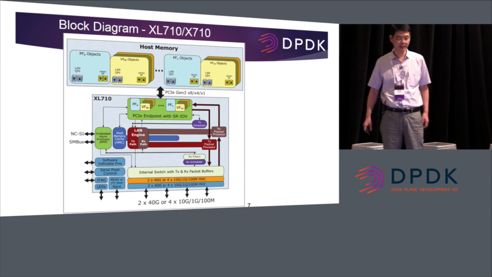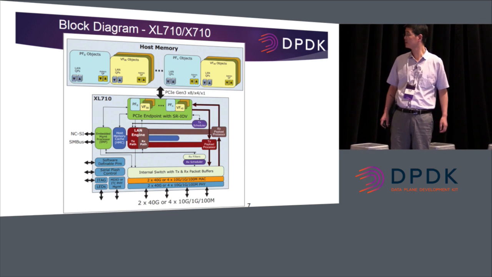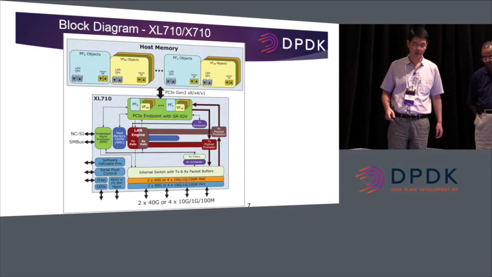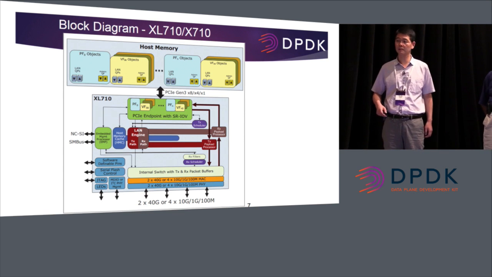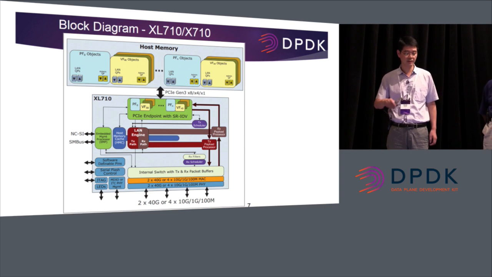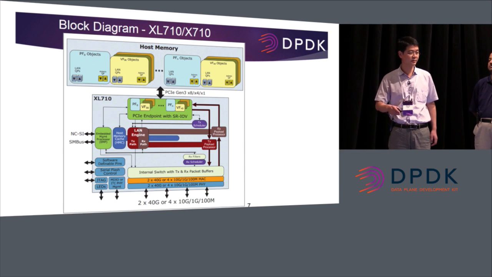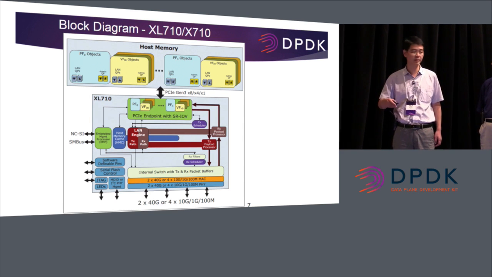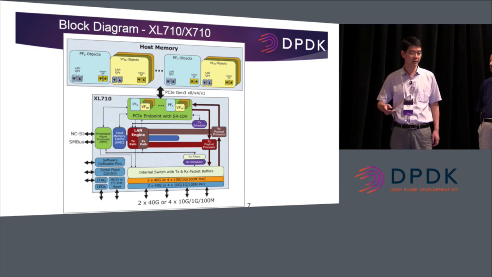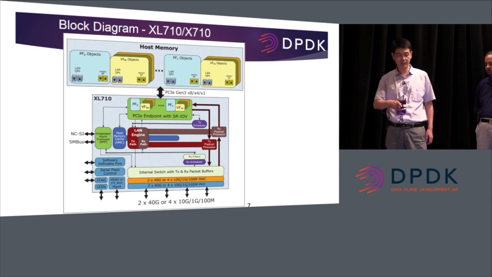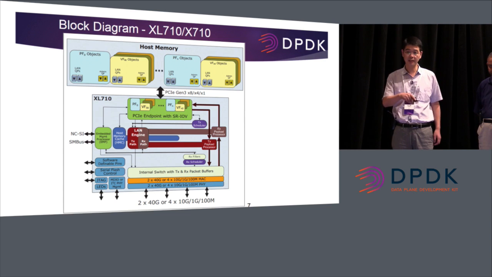Yeah, this is a block diagram from the data sheet. Everybody can see that online. But I will not go through all the details of the NIC itself. I just want to introduce something different compared to previous versions of Intel NICs. The bottom block is the actual silicon architecture.